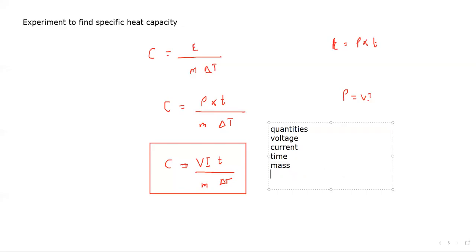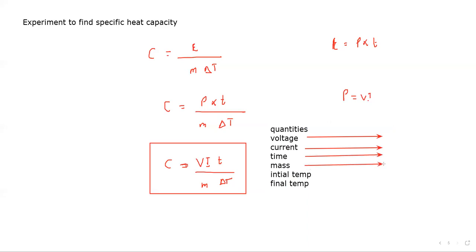The quantities we are measuring include the initial temperature and final temperature. The apparatus which we use to measure voltage, current, time, mass, initial temperature, and final temperature: voltage is measured by a voltmeter. Current is measured by an ammeter.